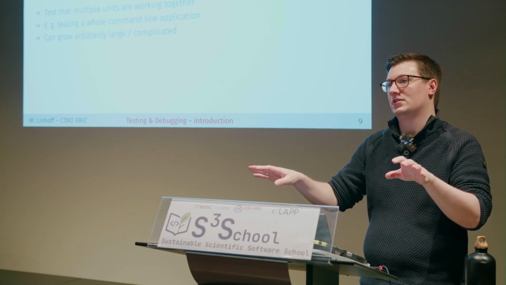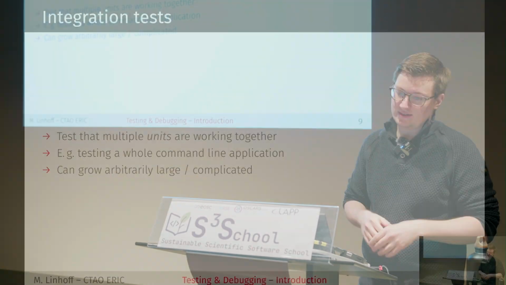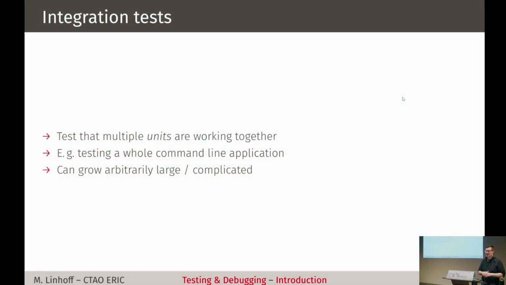I can run the integration tests and then I shut it down again and start fresh after. So these can get very large, very complex, but you should still strive to make them run repeatedly, reproducibly, so you can run them in the CI. Maybe not on every merge request, maybe not on every push, but in a nightly build on the main branch, for example, or every week on the main branch, or just before you make a new release to check that everything is still working in these more complicated setups.